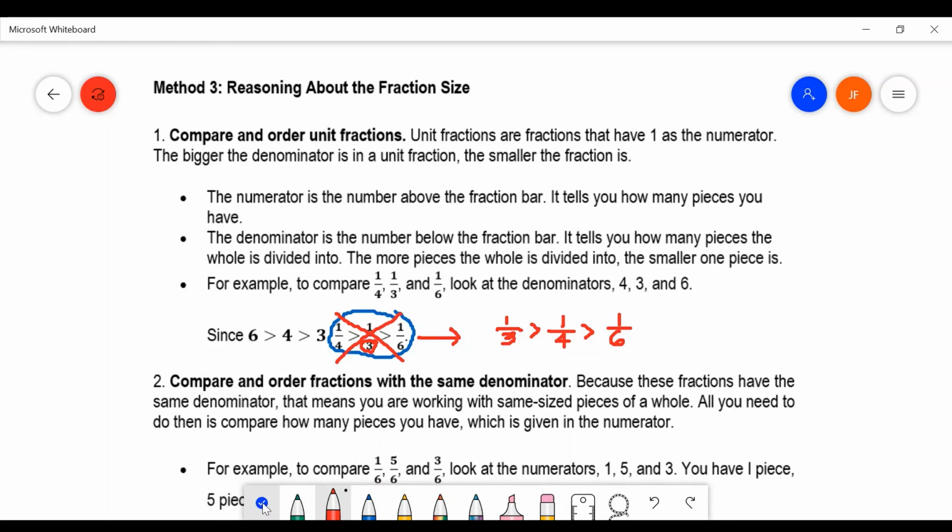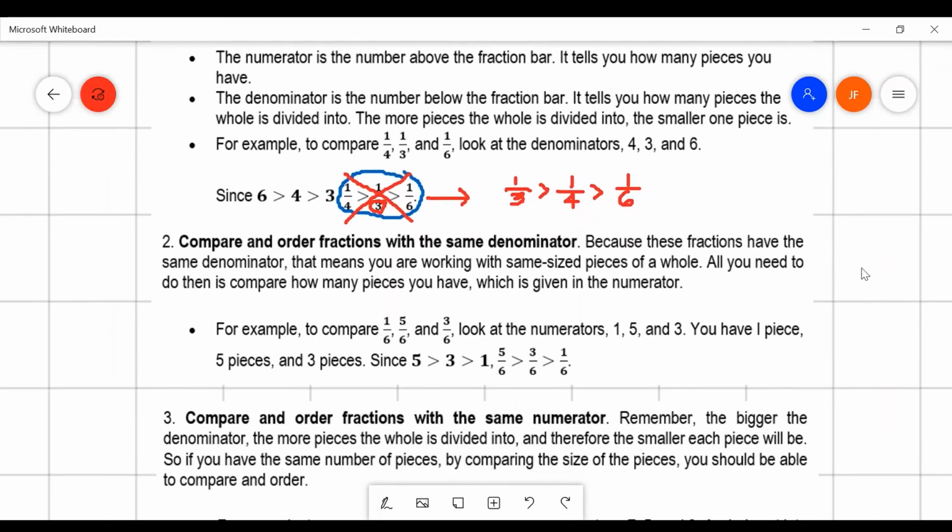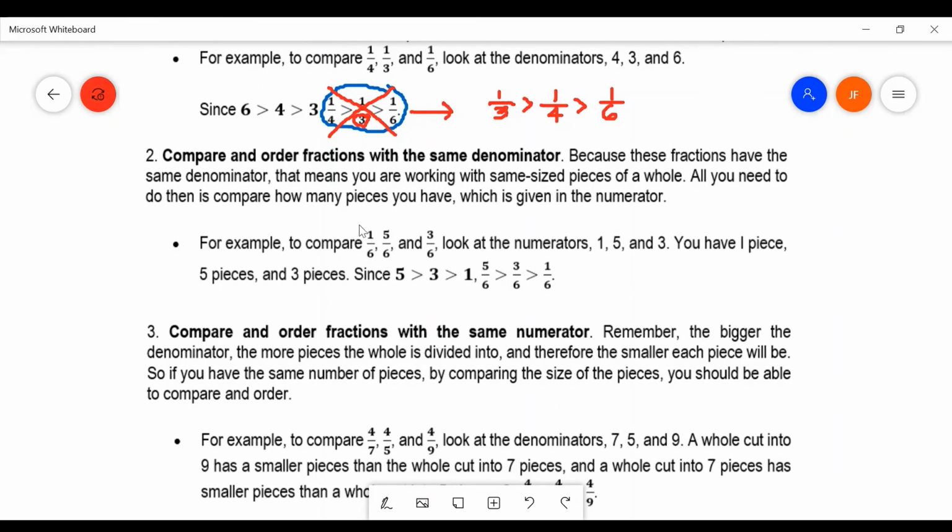Okay, let's proceed to step number 2. Here, compare and order fractions with the same denominator. Because these fractions have the same denominator, it means you are working with same size pieces of the whole. All you need to do then is compare how many pieces you have, which is given in the numerator.